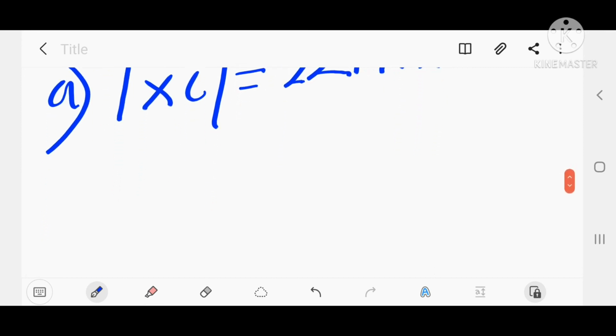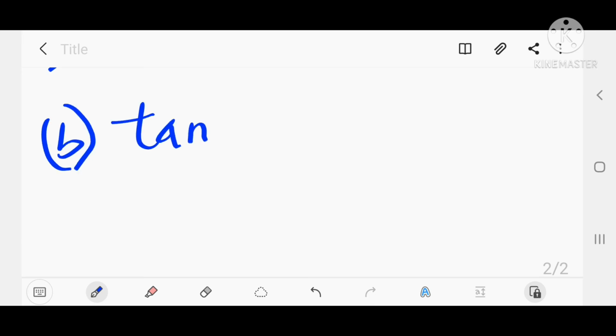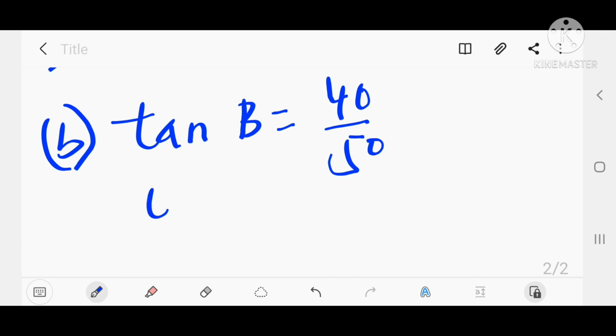Since we know that angle x and angle b are the same, tan b equals 40 on 50, which is tan b equals 0.8.